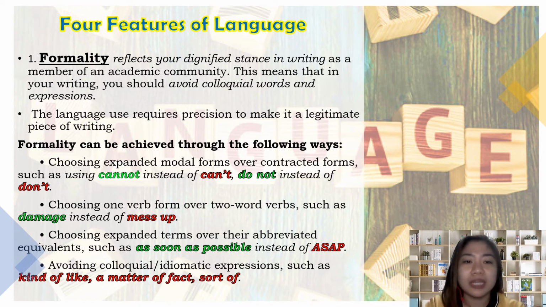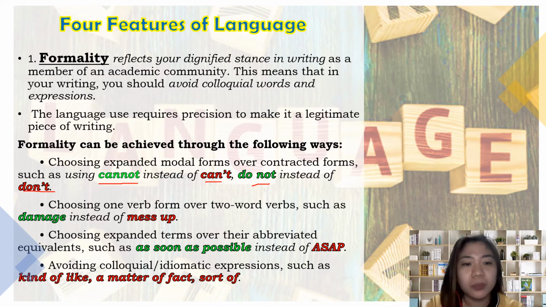Choosing expanded modal forms over contracted forms, such as using cannot instead of can't, do not instead of don't. In a formal academic text, we always use the whole word instead of the contracted ones. Okay?